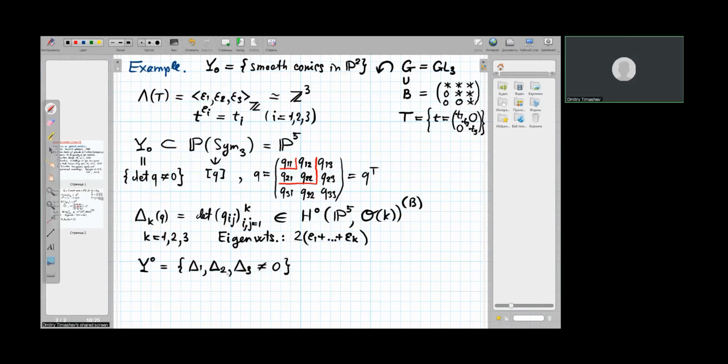And the complement of this open B orbit consists of three B-stable divisors. So the complement P5 without Y upper node is the union of three B-stable prime divisors, D1, D2, D3.